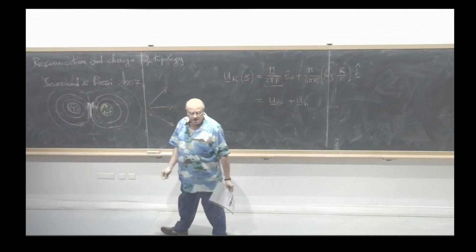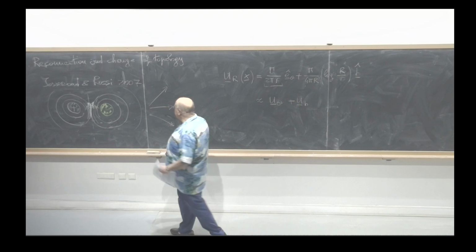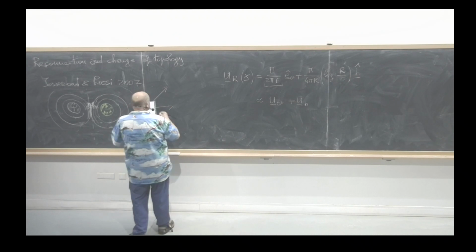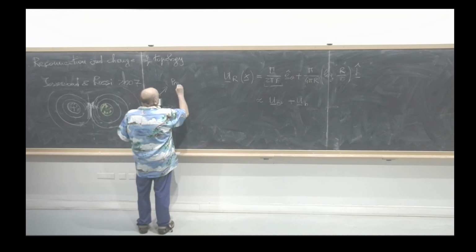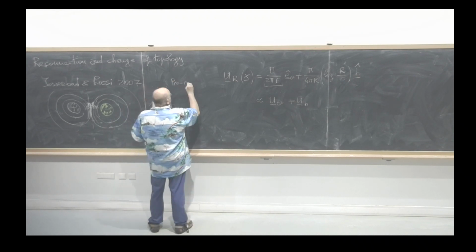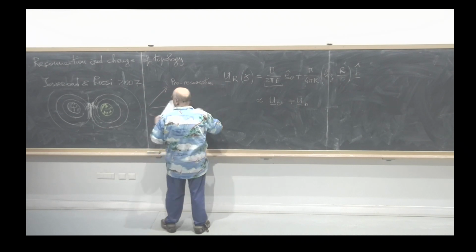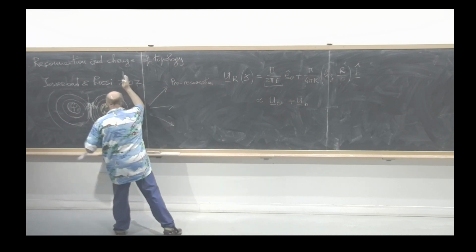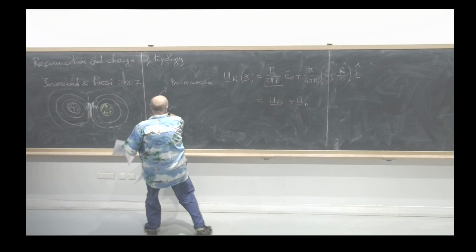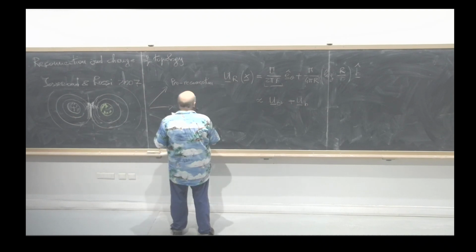Let me say, I like to think of this phenomenon in three stages. I call it a pre-reconnection stage. Remember, they do not move, okay? Now I stop here and I want to think about the reconnection process.